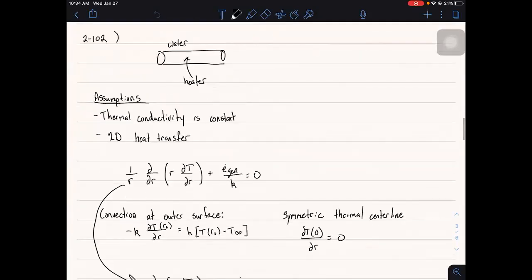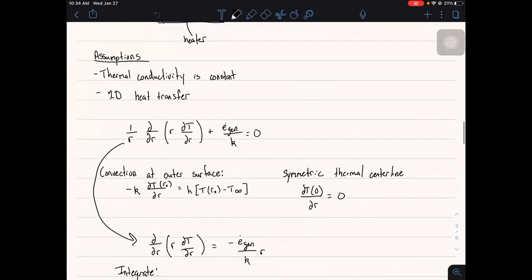Then for question 2-102, we have water and the heating element flowing through it. I assume the thermal conductivity is constant, 1D heat transfer.